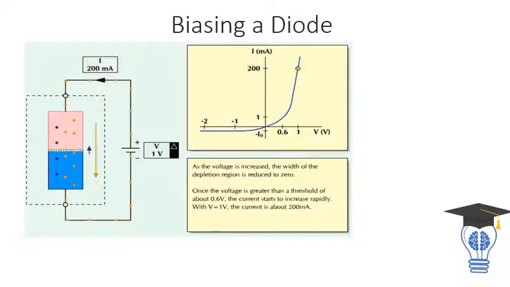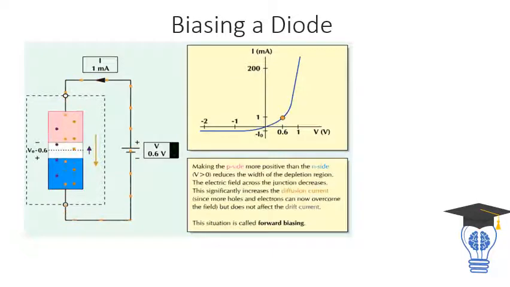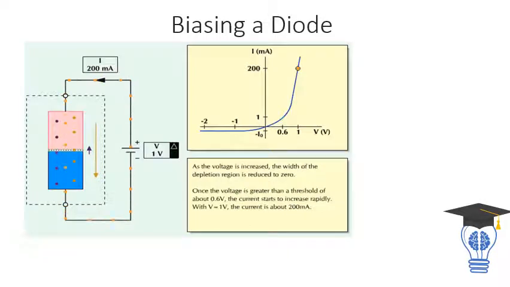Since it is a silicon diode, till 0.6 volts there is a barrier potential which does not allow the current to pass through.